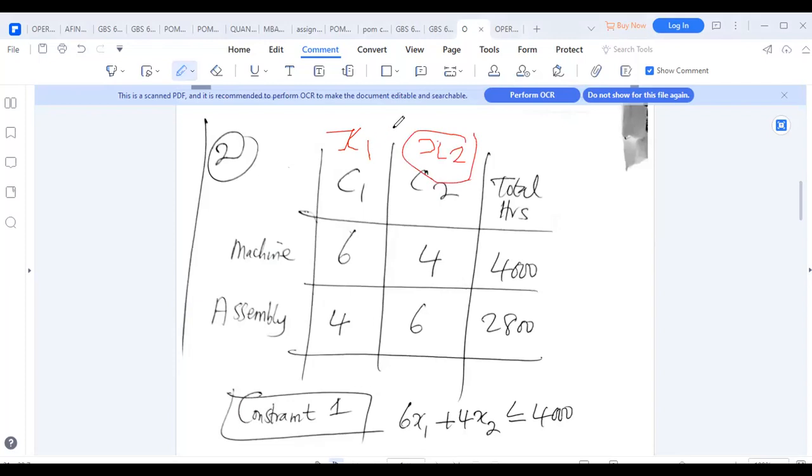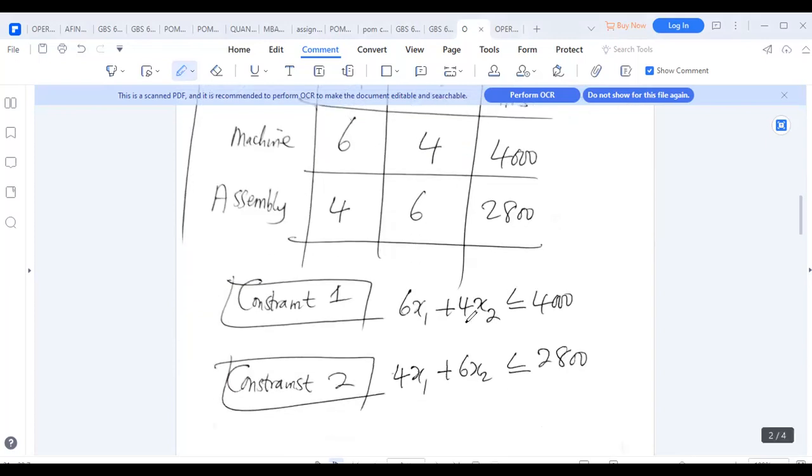So for the C1, it requires 6 machine hours and 4 assembly from the question. Then C2 requires 4 machine hours and 6 assembly. The total machine hours we had was 4,000, and assembly was 2,800.